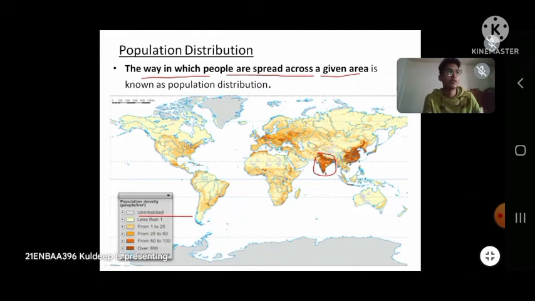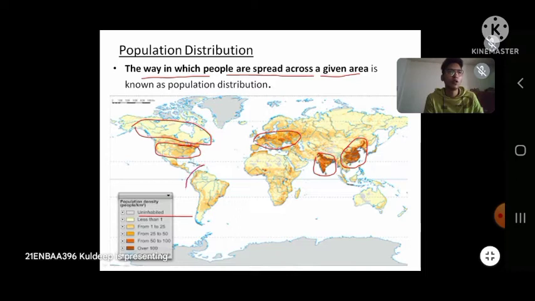India and this eastern part of Asia have high density, and Europe will also have a density, though less than this part of Asia. Canada has very low population density, and America has a bit more than Canada, but it's also low.